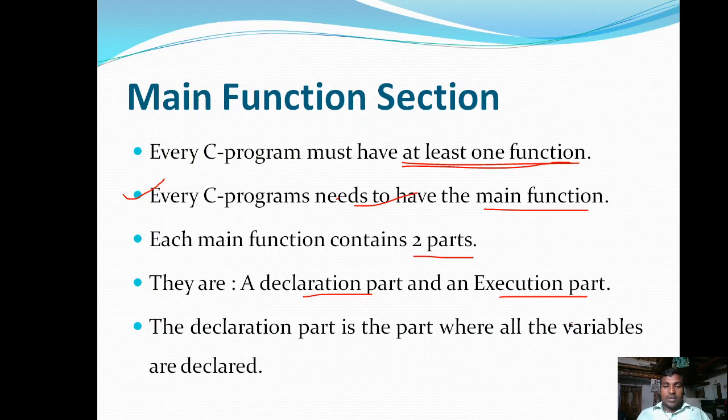In the declaration part we are going to declare all the variables that we are using in our C program, all the variables used in that particular program written by the programmer. They can declare any number of variables. So those variables that are declared inside the main function come under the declaration part.